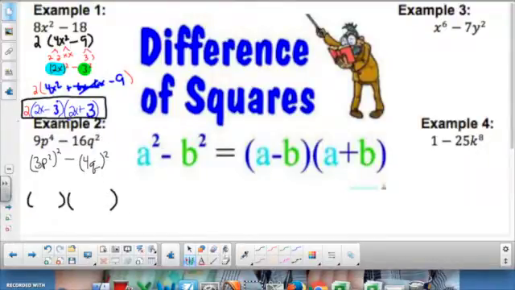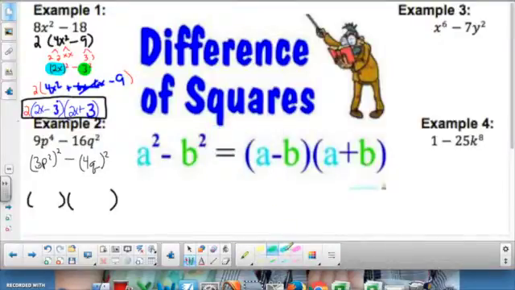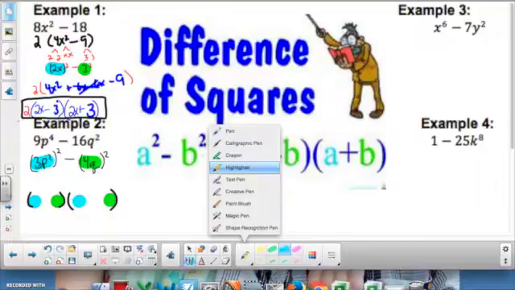Now I can find my a and my b. So a is going to be 3p squared. B is going to be 4q. So remember, I'm putting my a's in the first spots. I'm putting my b's in the second spots. And there should be a subtraction first and then an addition.